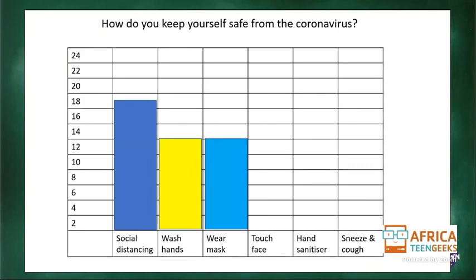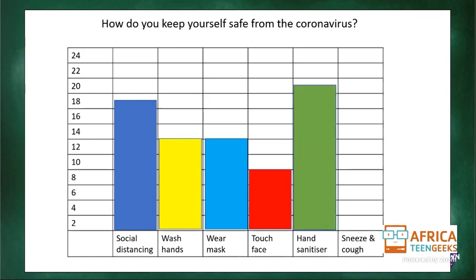For wearing a mask, 12. For touching face, 8. For hand sanitizer, it was 19, I think. Should have been 21. So yes, 21, that's right. And for sneezing and coughing into a tissue or your elbow, it is 14. So you can see that that graph helps us to see, it gives us a better picture.